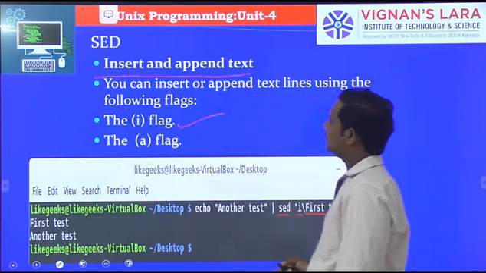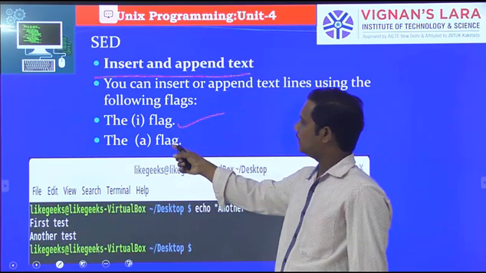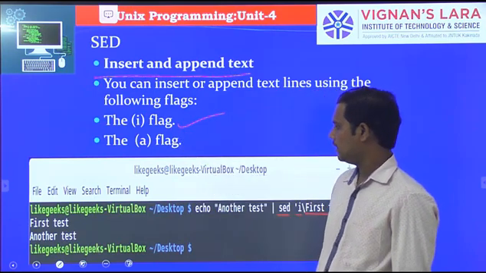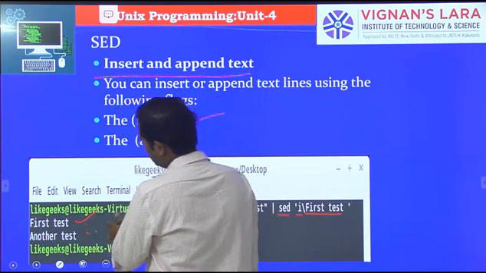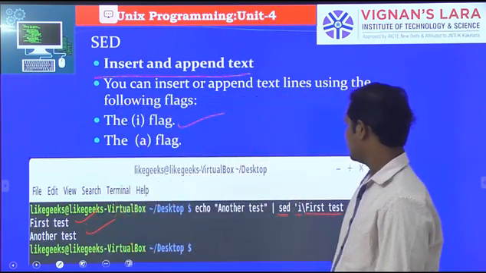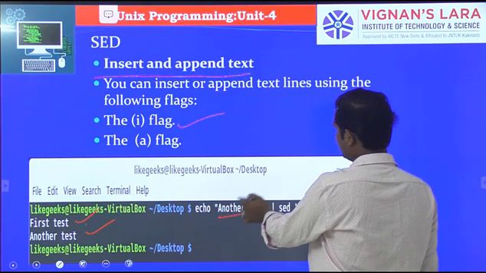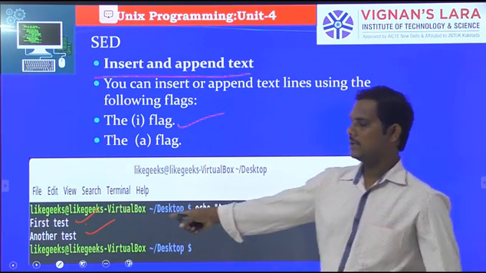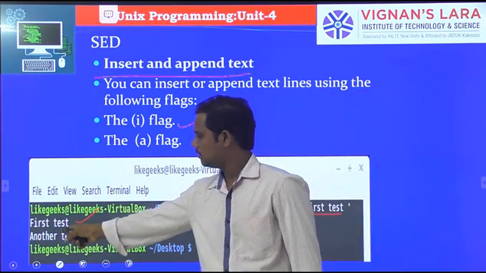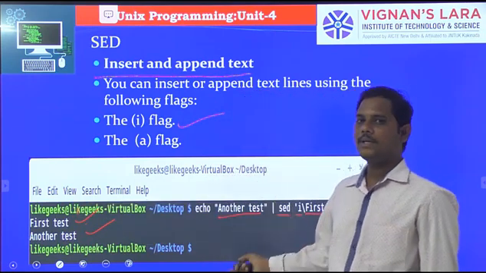You can insert or append the text line using the following flags: i flag, a flag. So this is the output. First text and author text. So the author text is replacing first text, and first text is replacing author text. Exchanging. First text, author text, first text. It is very easy.